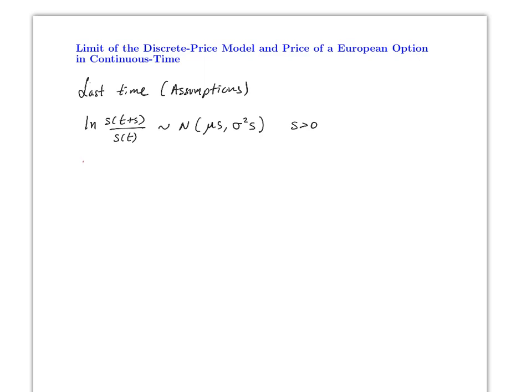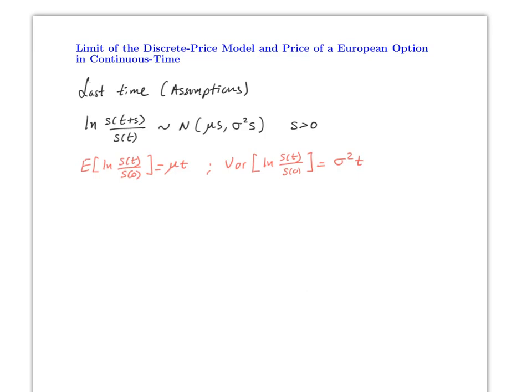The expected value of the log returns is equal to μt, and the variance of the log returns is equal to σ²t.